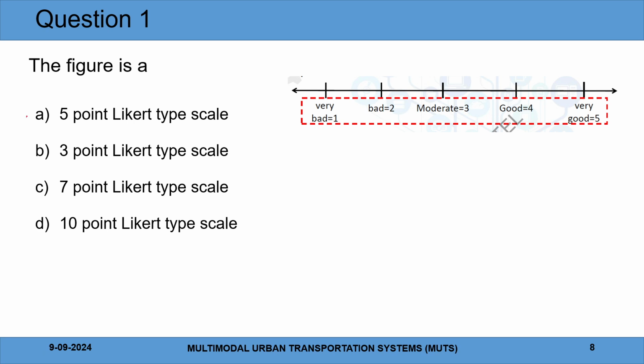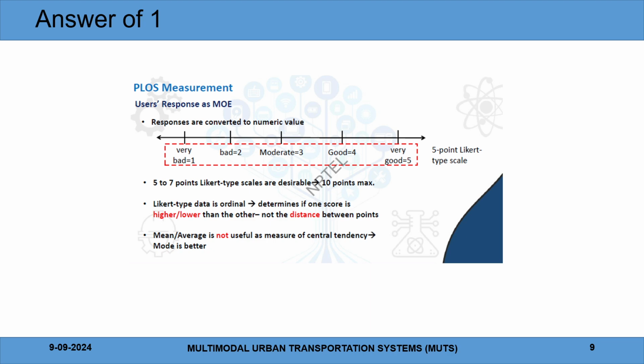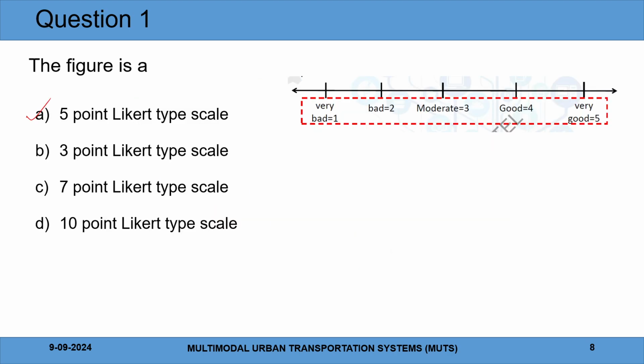Yes, this is a 5-point Likert scale. There are 5 points. We generally use this Likert scale for questionnaire data or understanding the qualitative response from users. This is defined as a 5-point Likert scale, and similarly there can also be 7-point or 10-point scales. So option A is the correct one.